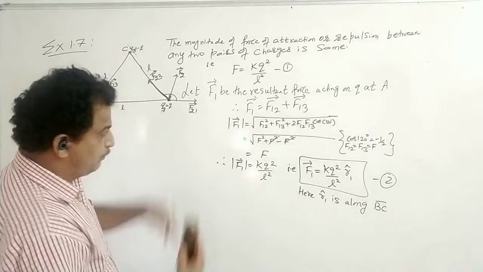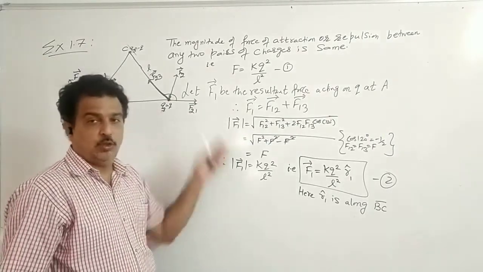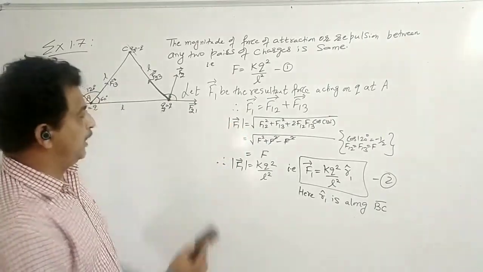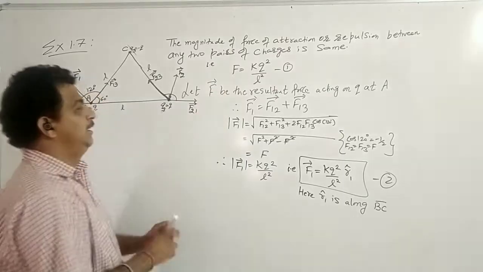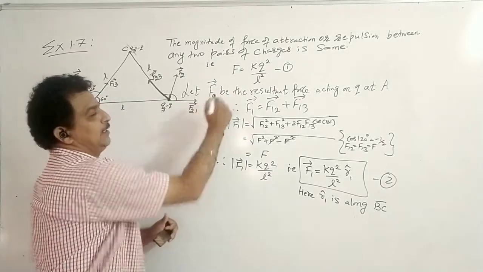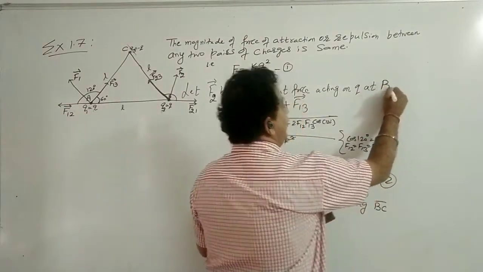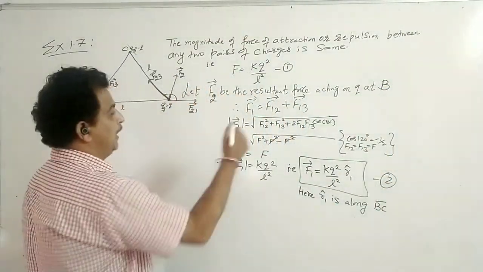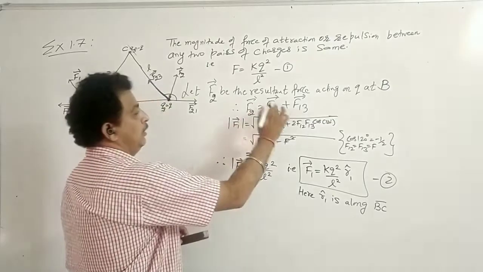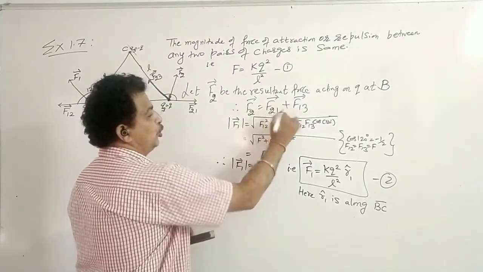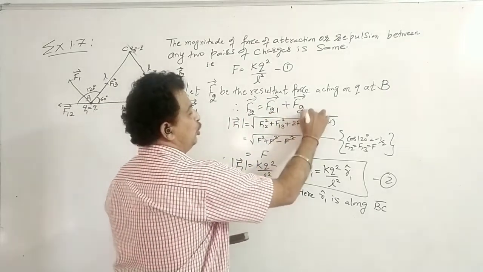So for the second part, I am making the change here. You have to write down the second part also. Now I write: let F2 be the resultant force acting on Q at B. Now I name it F2. The symbol becomes force on 2 due to 1, force on 2 due to 3.